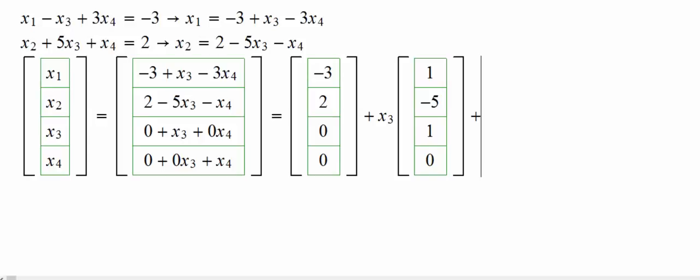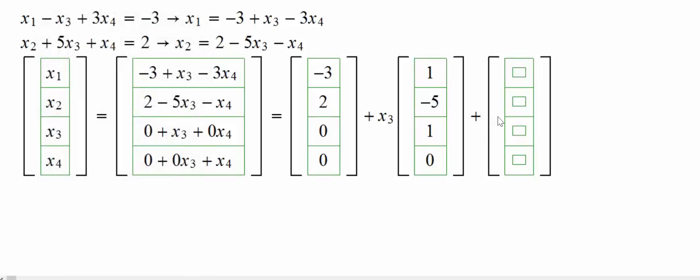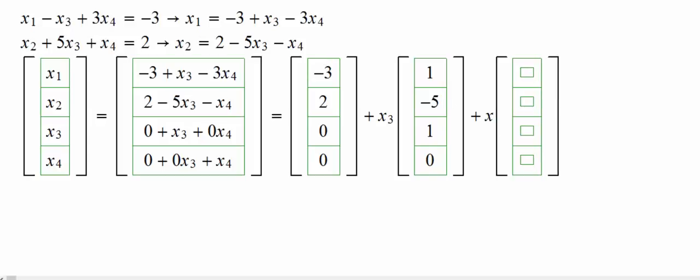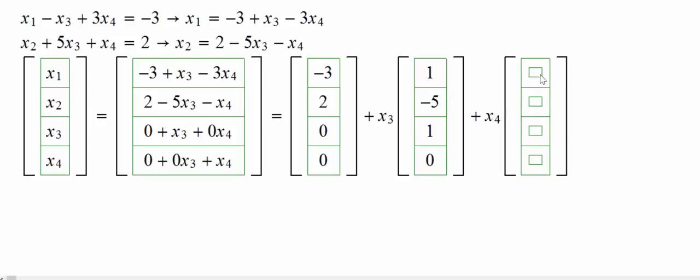And then for this portion we are writing the coefficient of x4. From here we get negative 3, then negative 1, and then a 0, and then for the fourth place here we have 1.